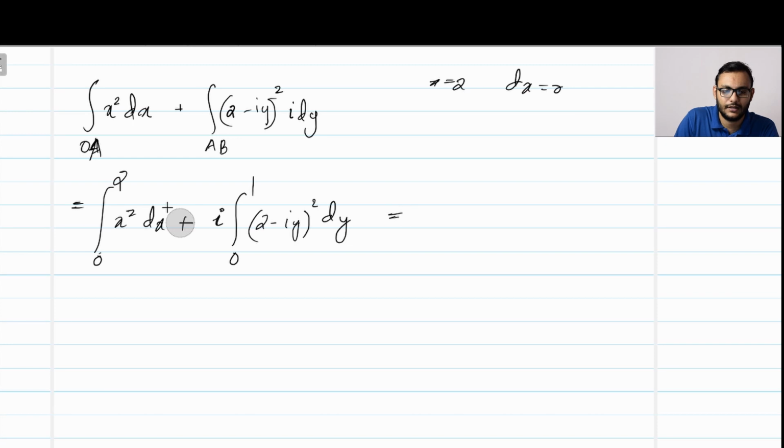Evaluating this, we will get x cube by 3 to the limit 0 to 2, and integrating this, what will be the result?